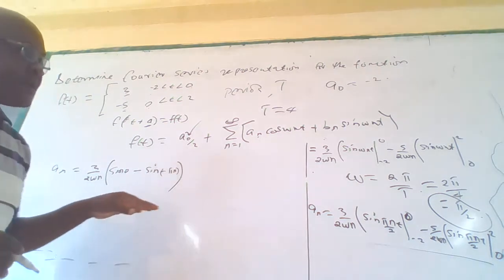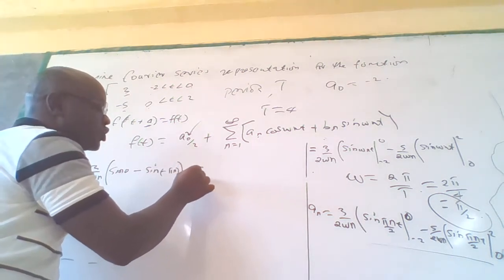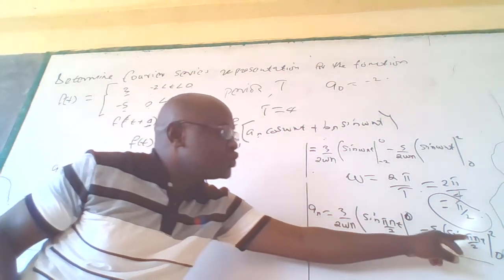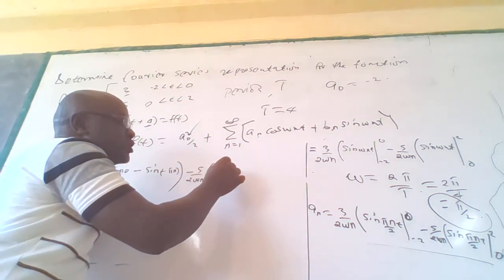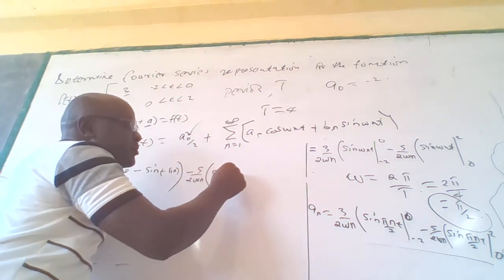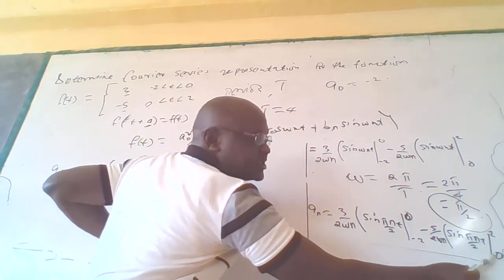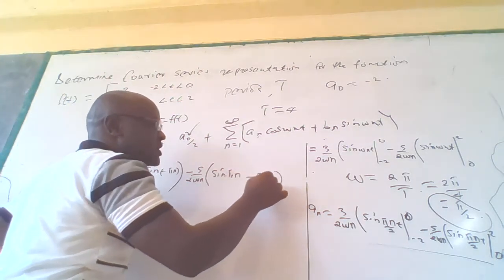Close the bracket. Then you have minus 5 over 2 omega n into, we now substitute the upper limit 2, and the 2 and 2 cancel, so it remains with sine pi n. Then minus, we substitute the lower limit, which is 0, so everything becomes 0, that's sine 0.